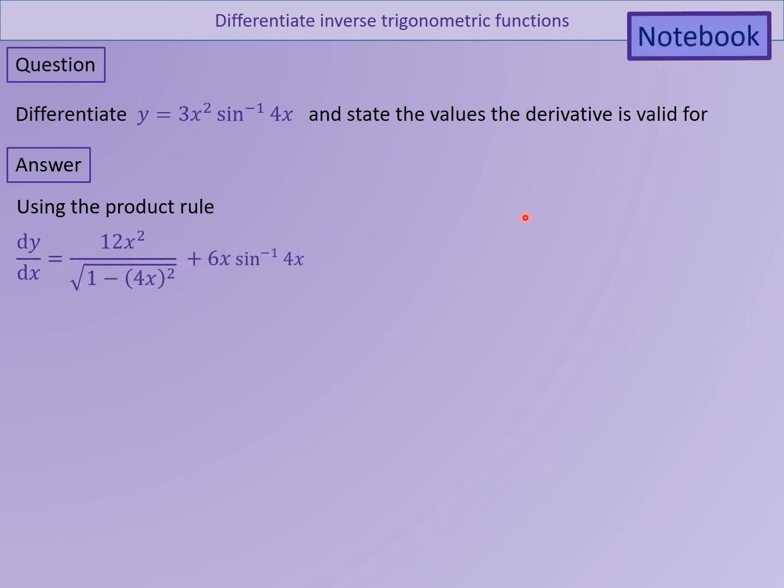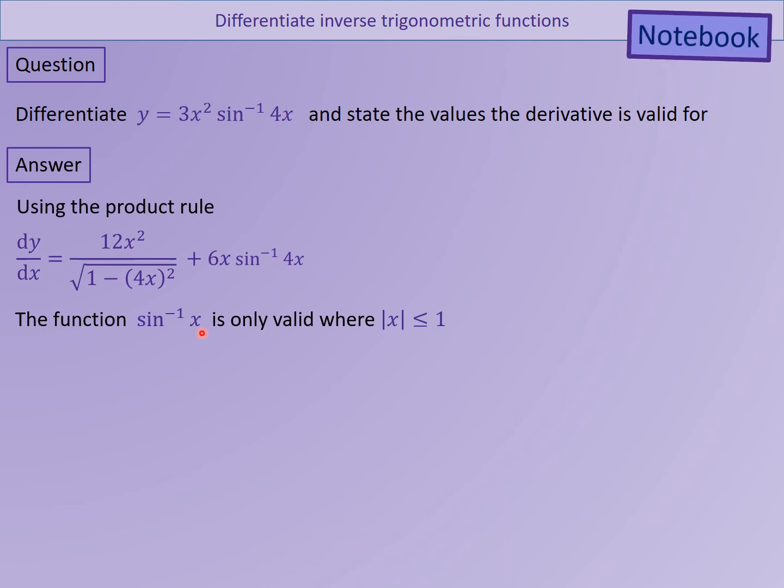And for the validity part, I'm going to deal with it as two separate bits. First of all, I'm going to think about the 6x sine to the minus 1 of 4x. Well, I know that sine to the minus 1 of x is valid between 1 and minus 1, because it's the inverse function, it's limited between those two values. What about sine to the minus 1 of 4x then?